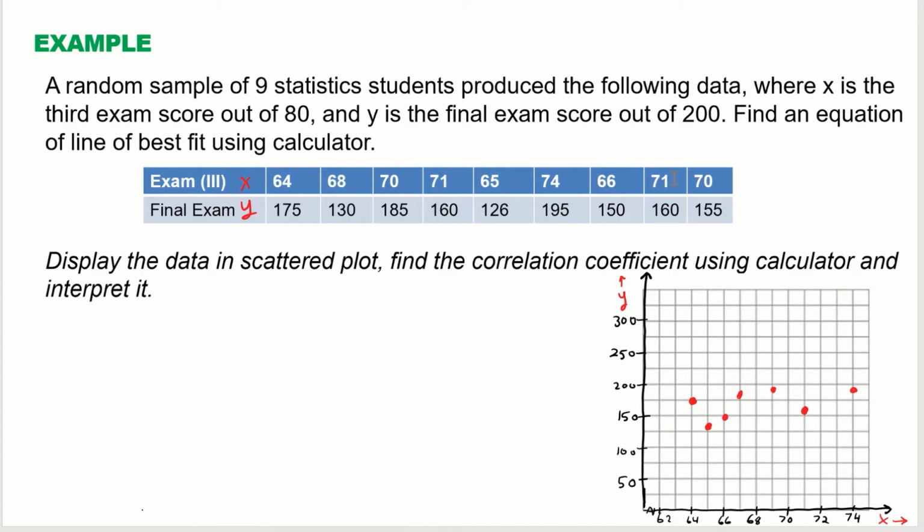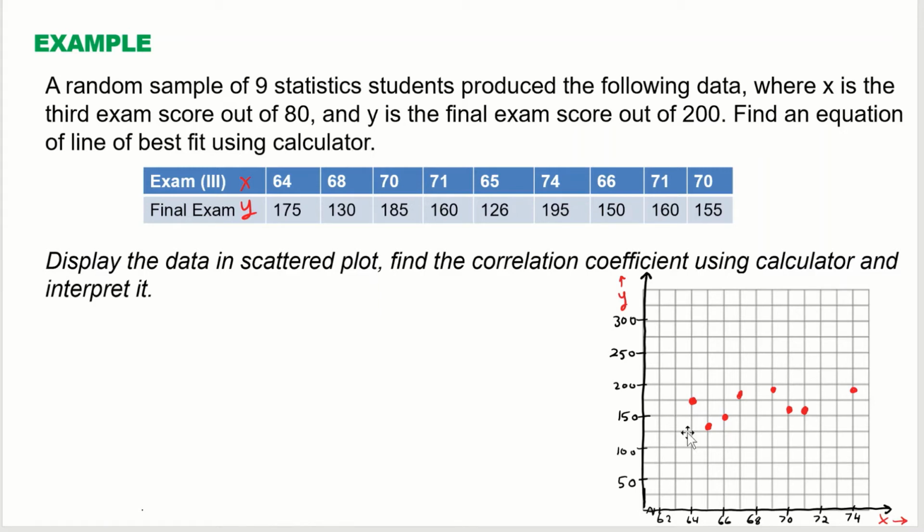And then 71, we have 160, which is a little bit above this. So 71, 160, we have already included that, so it's the same point. Then we have 70 and 155. 150 is here, 155 will be a little bit above that. So that is a scatter plot.